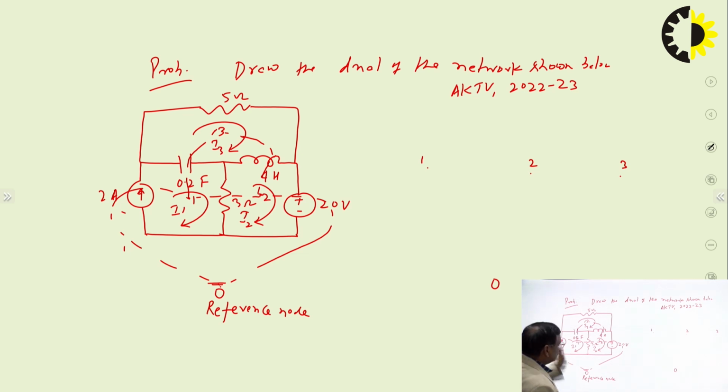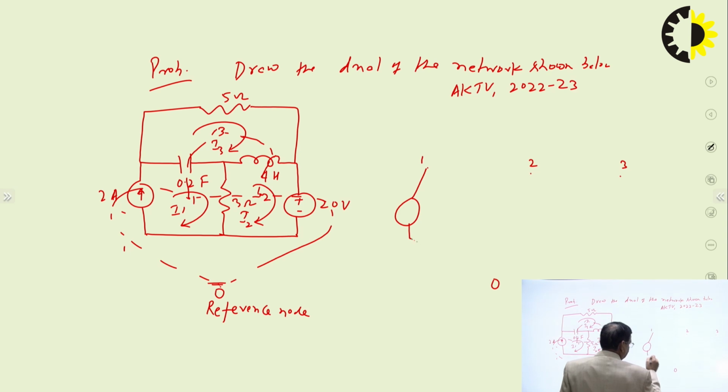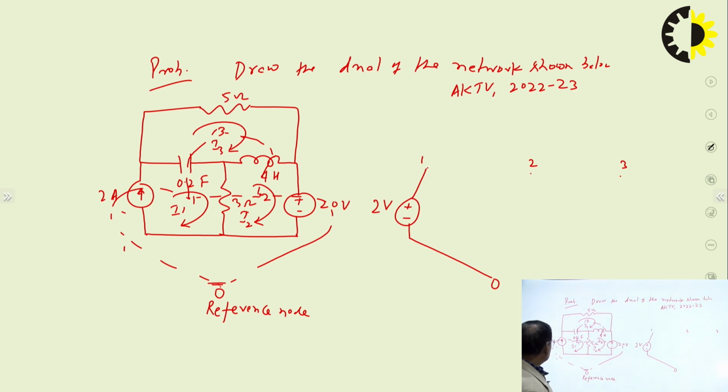So in the dual network the plus will be towards node 1 and minus towards the reference node, and the magnitude will be 2 volt. The magnitude is the same, since the dual of current is voltage, so ampere becomes volt.